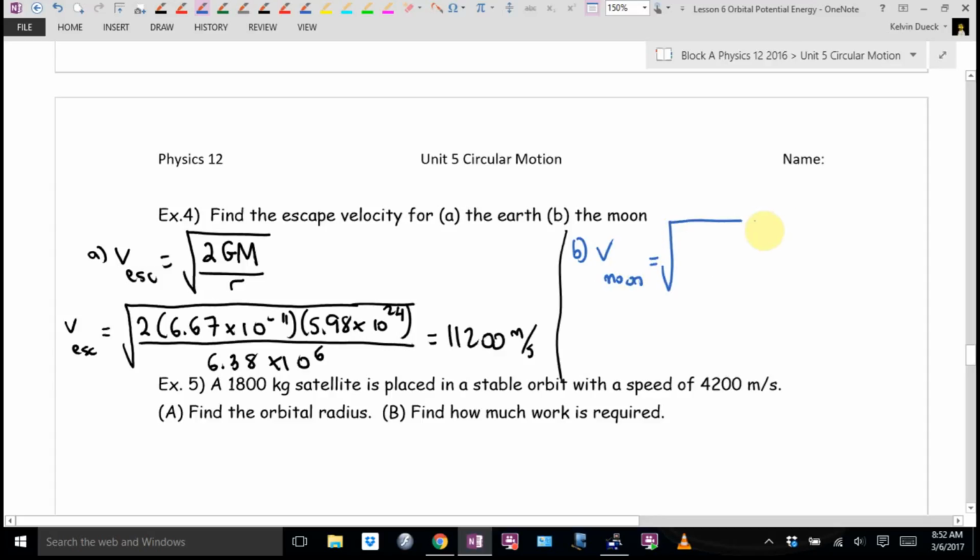That's going to be the square root of 6.67 times 10 to the negative 11. I have no idea what the mass of the moon is. It's on your sheet. 7.35 times 10 to the, sorry? 22? Okay. And radius of the moon, because that's where we're leaving from, is?